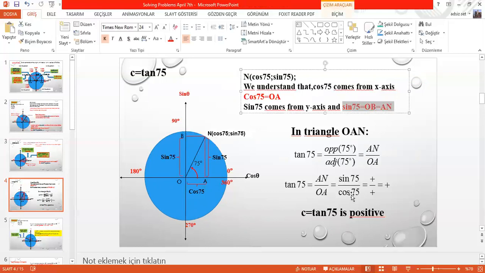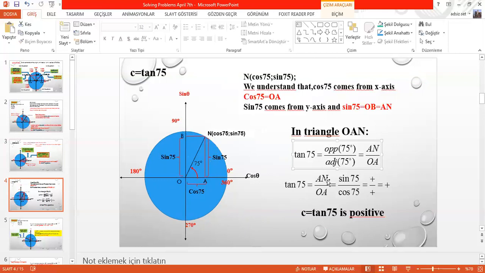This is okay. Now in triangle OAN, let's look at the tangent of 75. When we write tangent of 75, it is the opposite side of 75 divided by the adjacent side of 75. The opposite side is AN, and the adjacent side is OA.